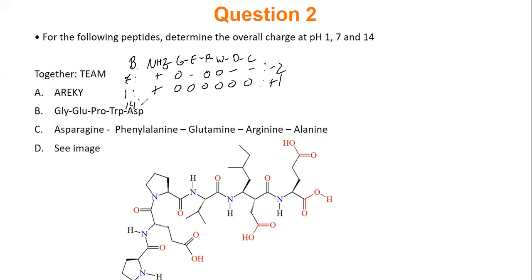At pH 14, it's the opposite. If you're positive, you go to neutral. So NH3 is neutral, neutral, negative, neutral, neutral, negative, negative. 1, 2, 3, that's -3. So that's Gly-Glu-Pro-Trp-Asp.